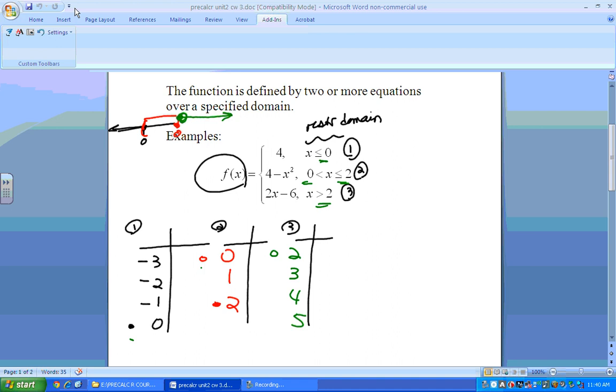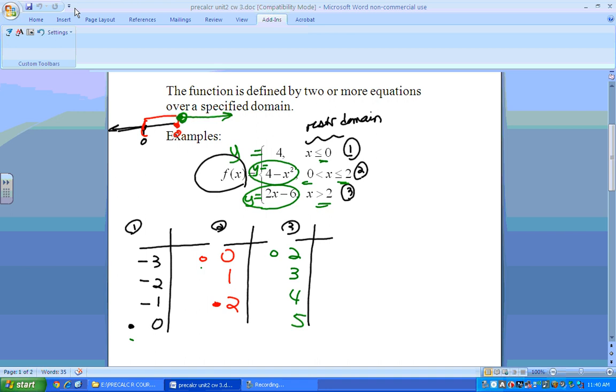One's open, one's closed. Now, because this is the same as y equal, there's a y equals 4. There's a y equals 4 minus x squared. There's a y equals 2x minus 6. You can put this in your calculator and then just go to this part of the table, the restricted domain part.